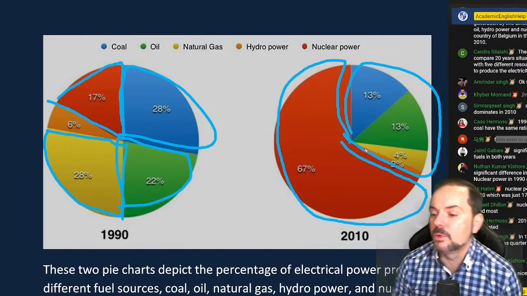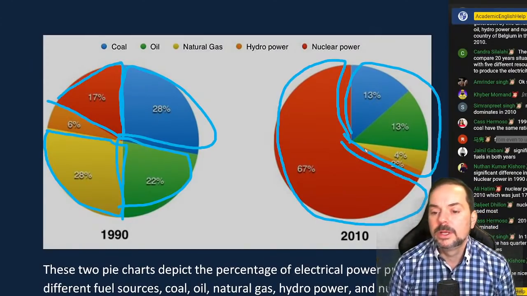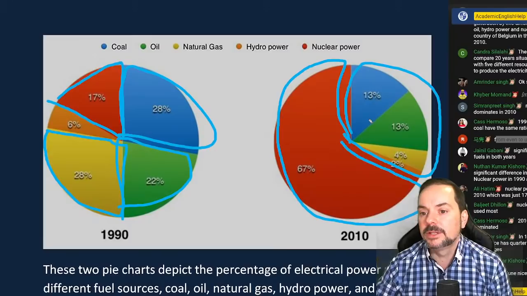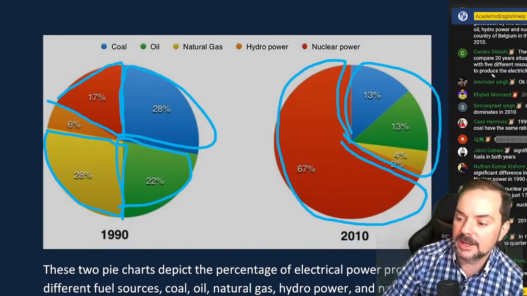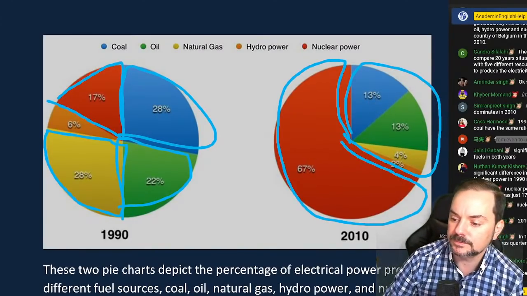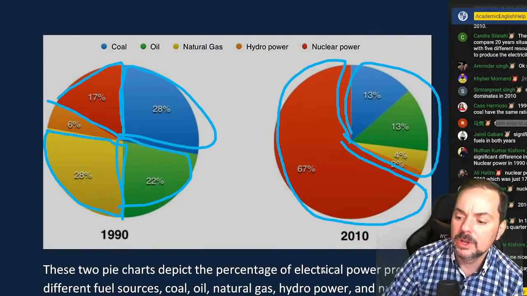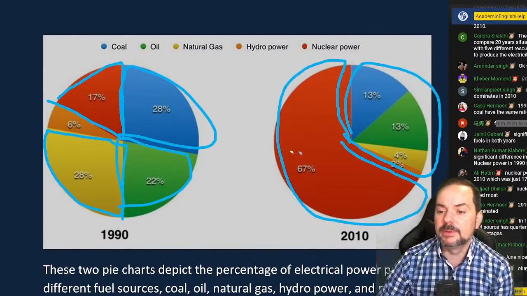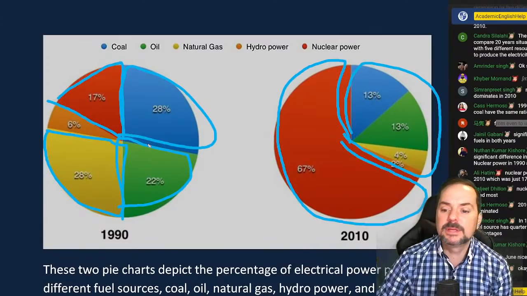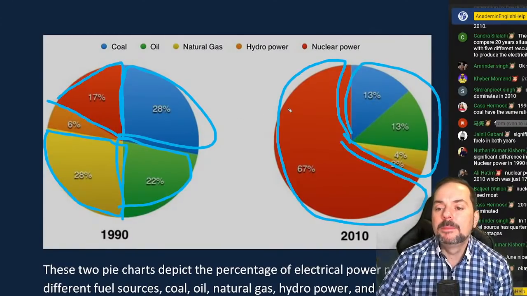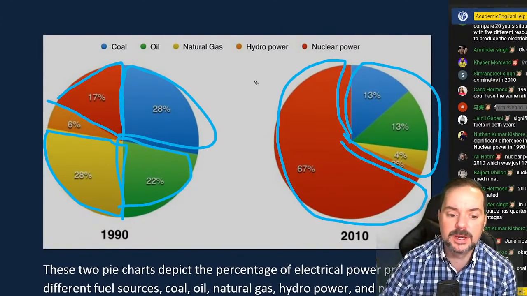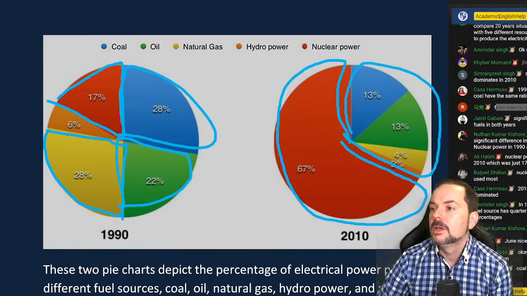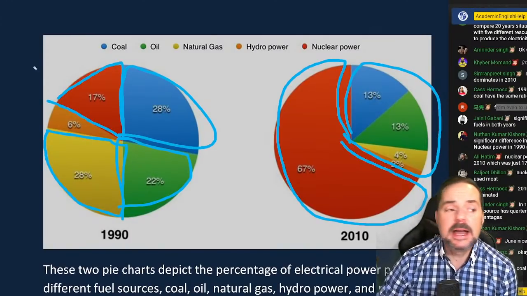Yeah, so you have a more even to a more dominant type of reliance in 2010. And Amrinder's kind of coming up with the same type of concept as well. Okay, and we can see that there's a significant change or a significant shift. Okay, so let's write that for the overview.